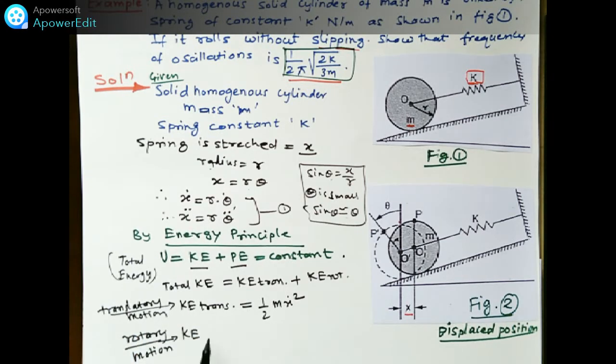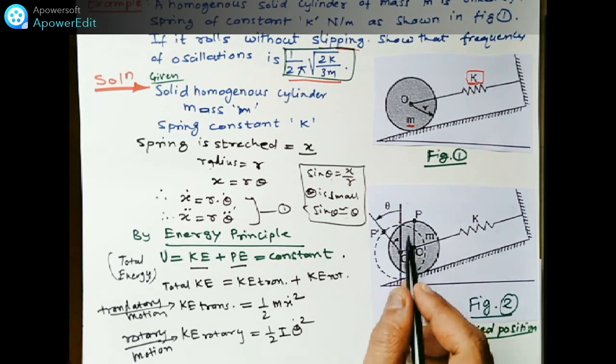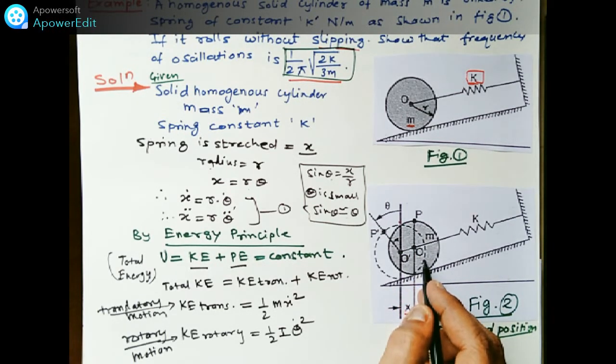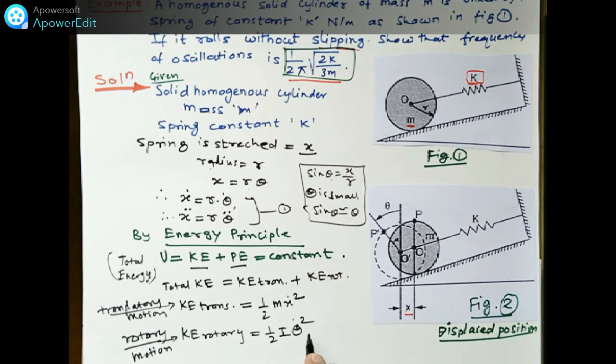The KE for the rotary motion becomes half into I, mass moment of inertia, into theta dot square, for this solid cylinder, because it has angular displacement theta.